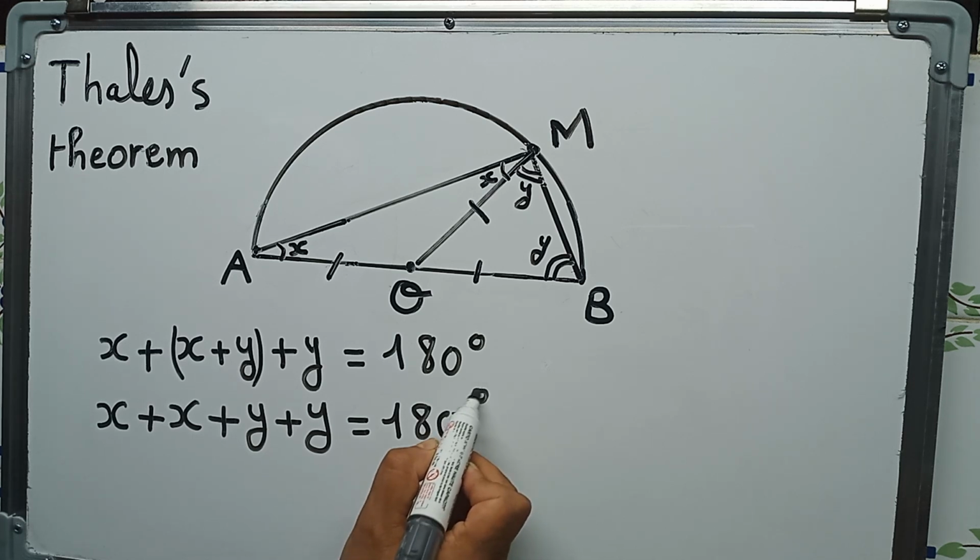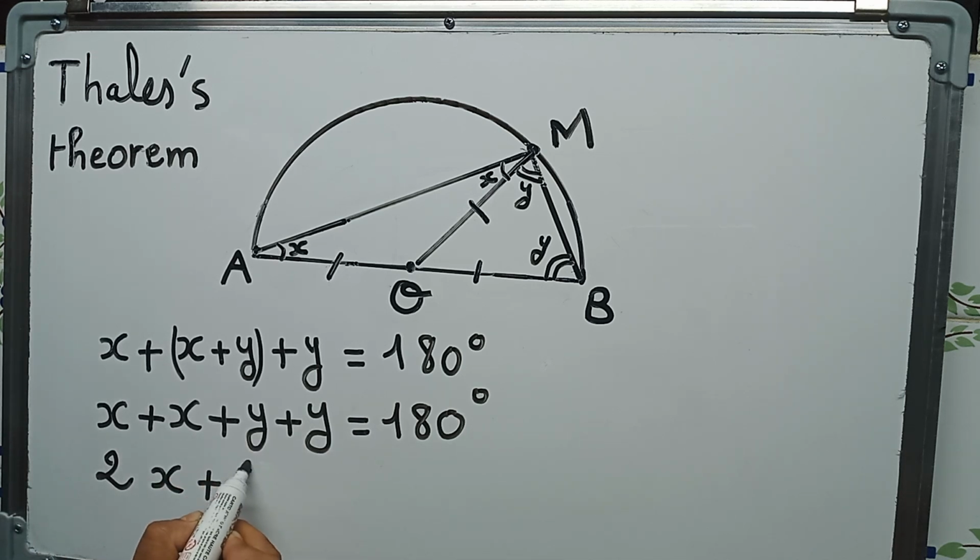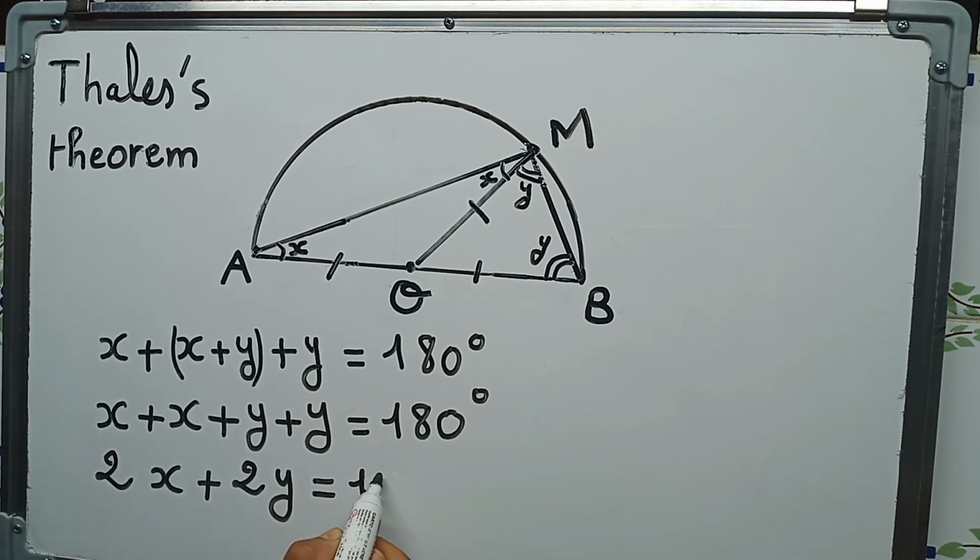Here we have 2X plus, of course, 2Y is equal to 180 degrees.